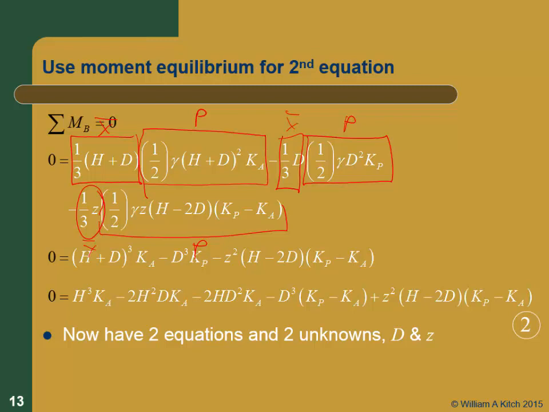It's convenient to put it in this form, and you notice that you've got Z squared in this equation, and you've got D cubed.